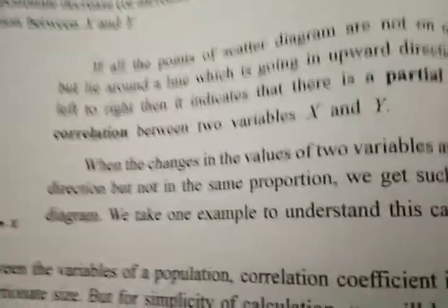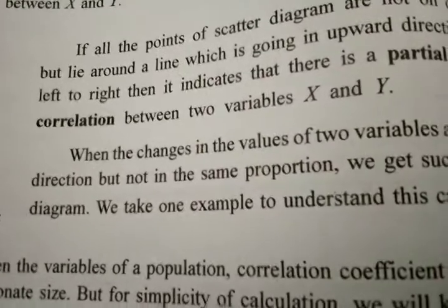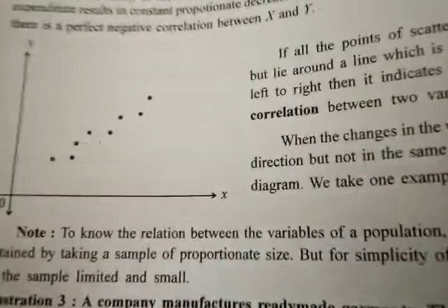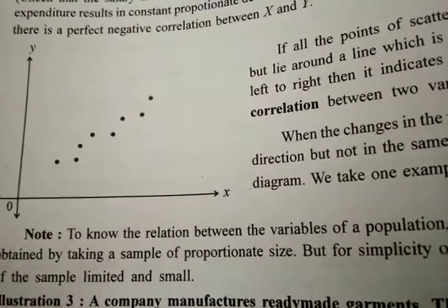That means there is no perfect correlation, but it is partial in nature. Both the variables change in the same direction, but not proportionately. That's the case here, and we get a partial positive correlation.